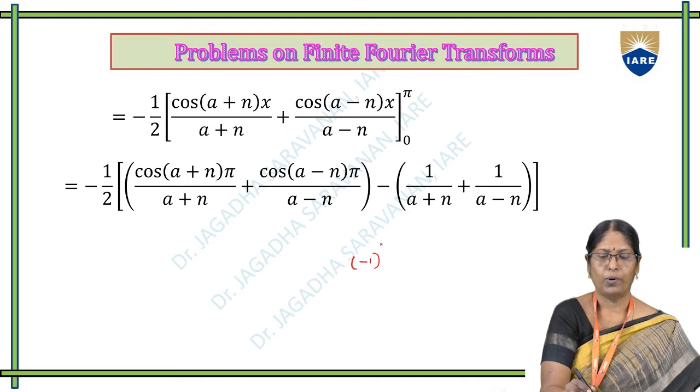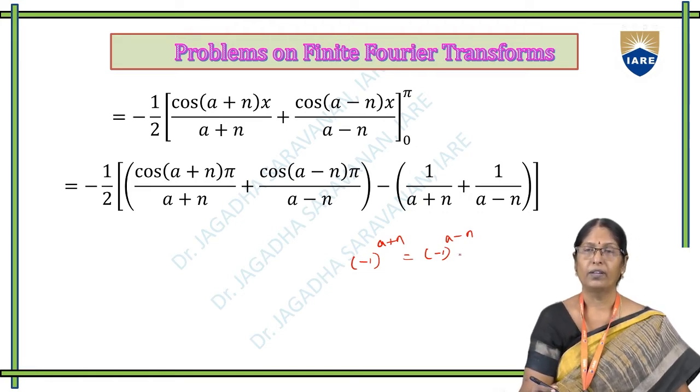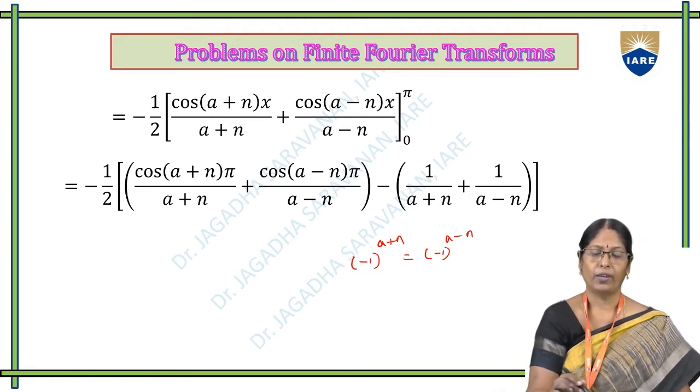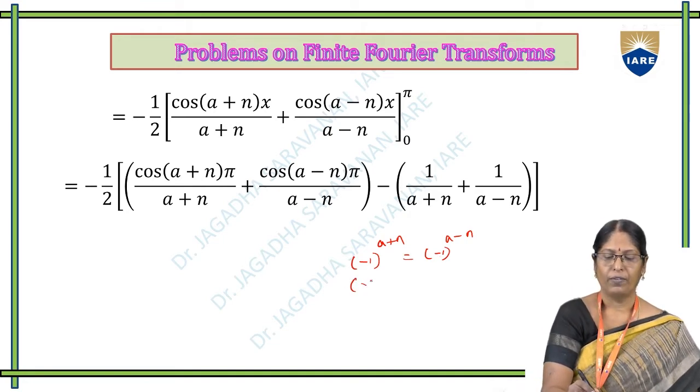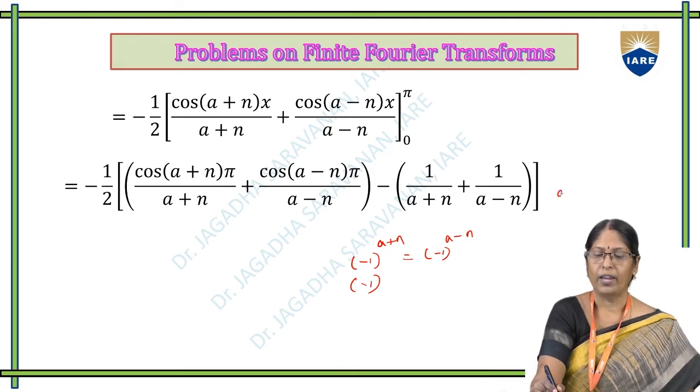So minus 1 power a plus n is equal to minus 1 power a minus n. We only did this replacing, and both values should be the same. We can write according to the exponential law, we know a power m plus n can be written as a power m into a power n.